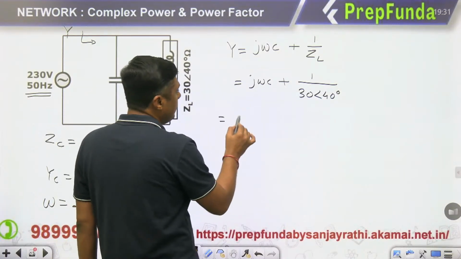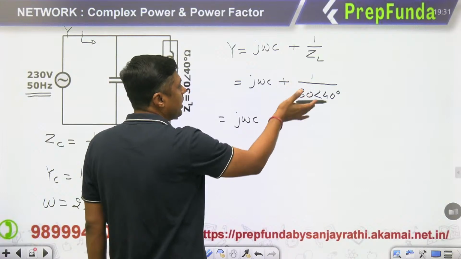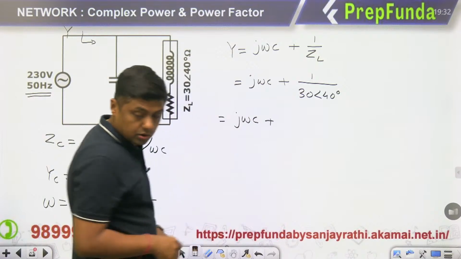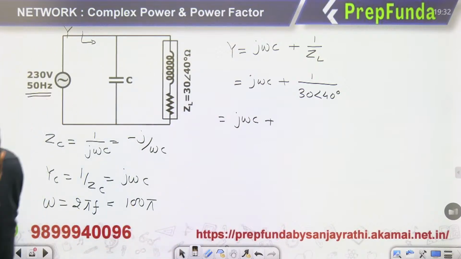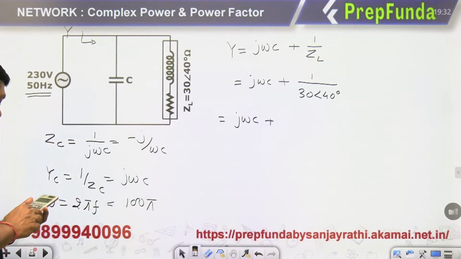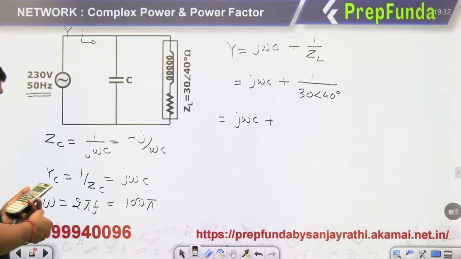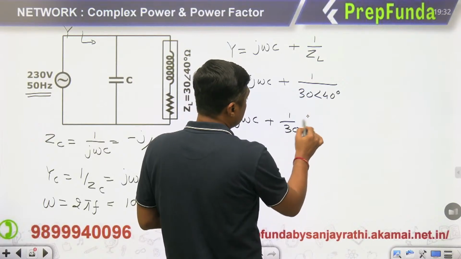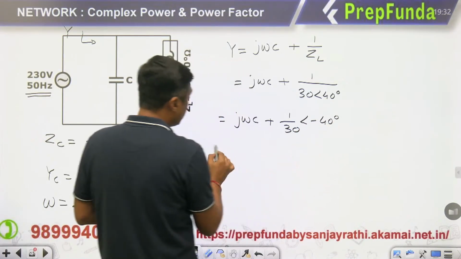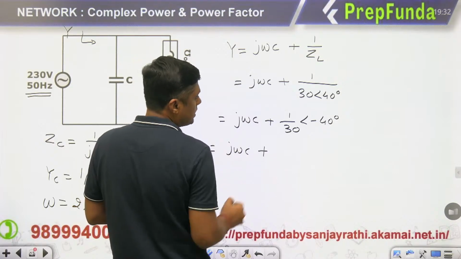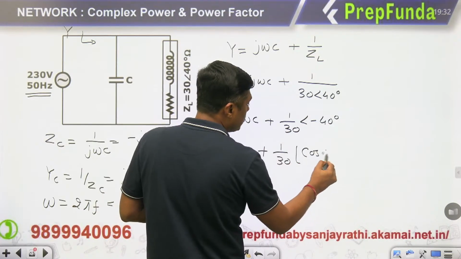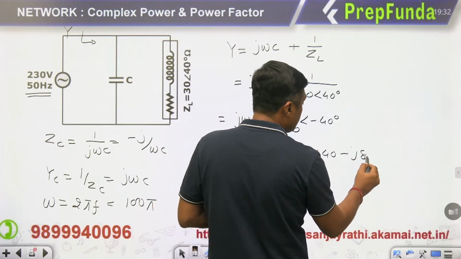When it goes up, it becomes 1 by 30 angle of minus 40 degrees. If you have a calculator, you can solve it and get the real part and the imaginary part. 1 divided by 30 is 0.033. Now you can write j omega C plus 1 by 30 times cos of 40 minus j sine of 40.